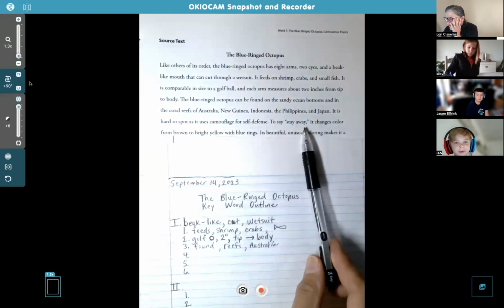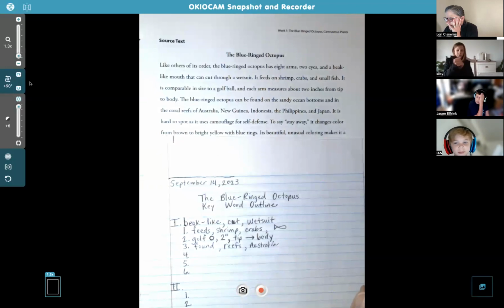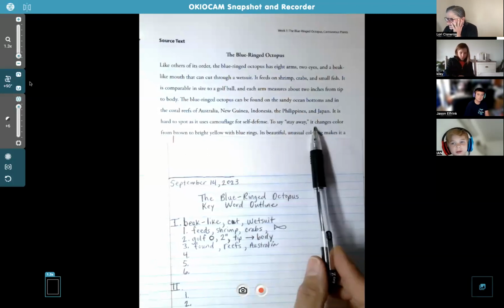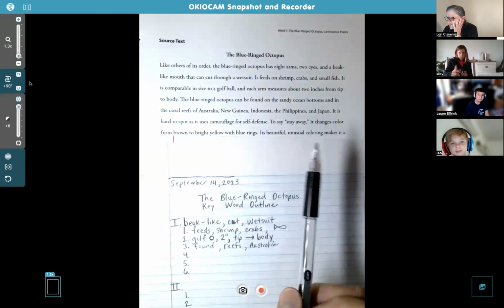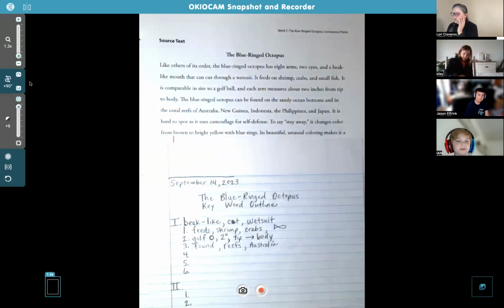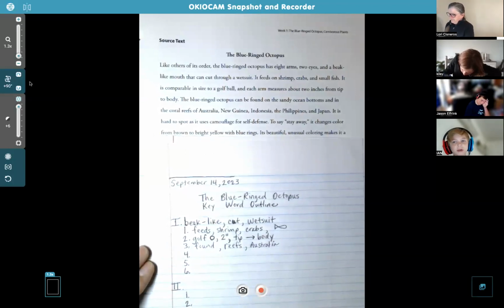Okay. What else is a key word? Changes and then like a color. Changes color. Good. What other keywords do you see there? We won't be able to put all of them, but let's identify them all first. Rings. Good. And then probably brown and bright yellow. Those are keywords.